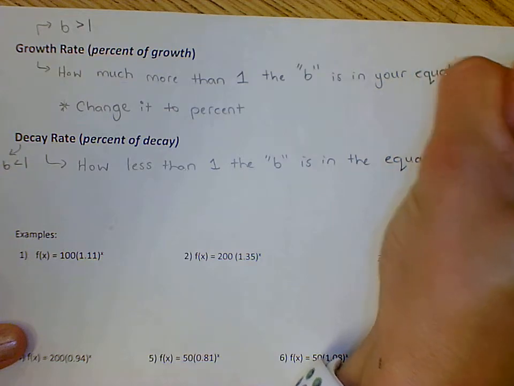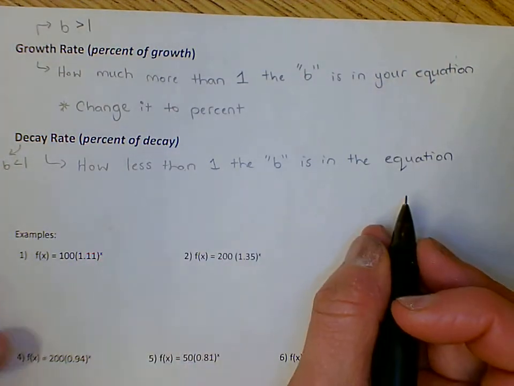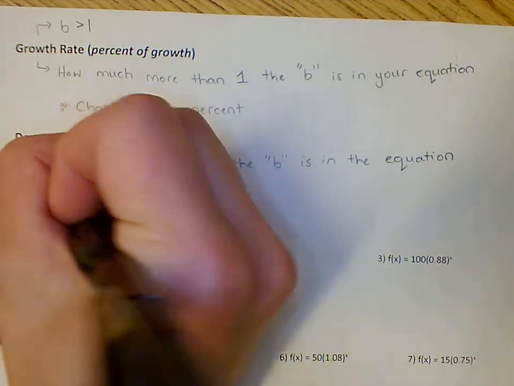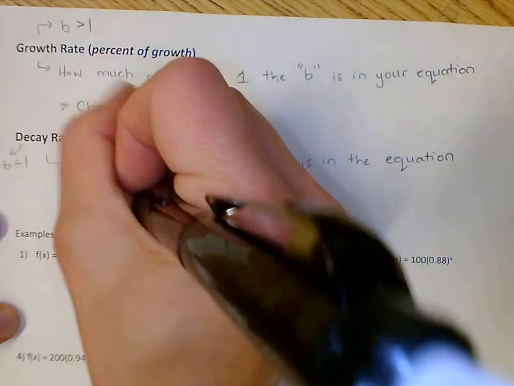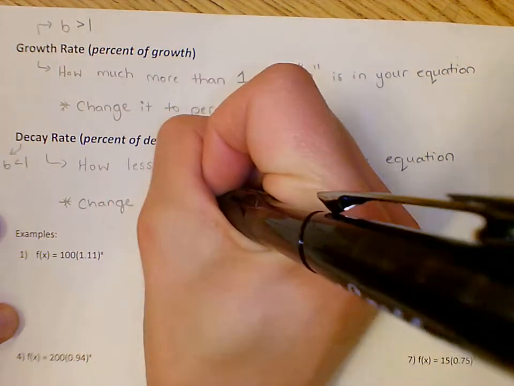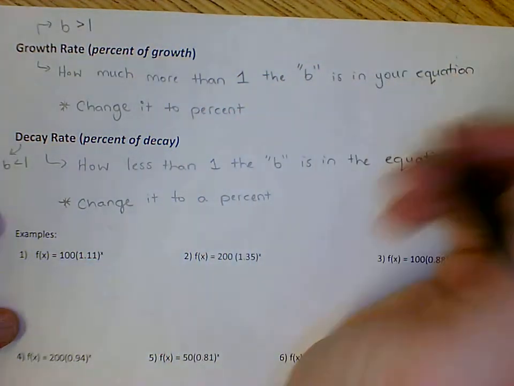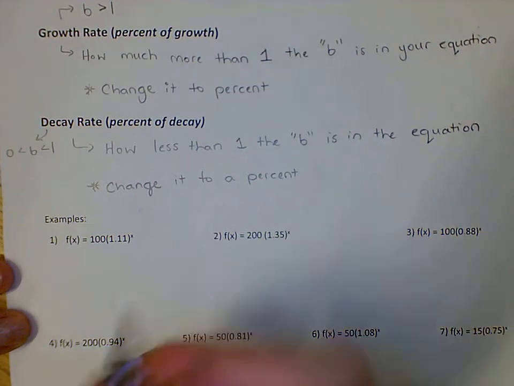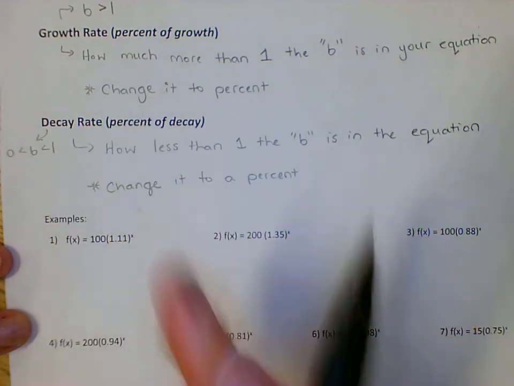Okay, so that's looking at the other side of things, and that's going to look at how much of it is going away, okay? And again, if you change it to a percent, it'll help you. So change it to a percent. And then that way, when you write your answer, it'll be correct as well, okay? So it is a rate. It's either the rate that it's growing or the rate that it's decaying, okay?